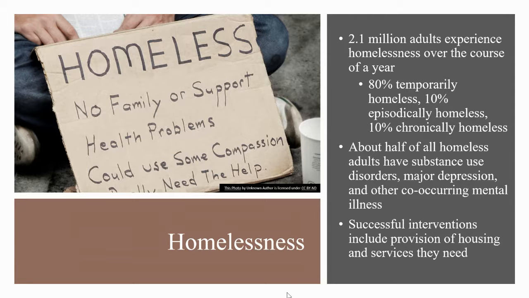So if you think about Maslow's hierarchy of needs, the first ones are your basic needs, and a basic need is housing. So before you can even address the mental disorder, you first need to make sure that there is stable housing for that person so that they can feel at home and safe before they can even address the mental illness.